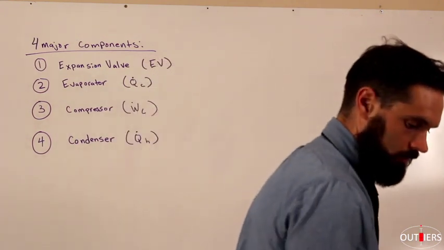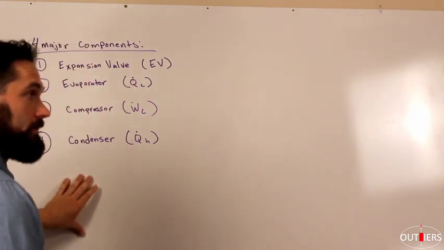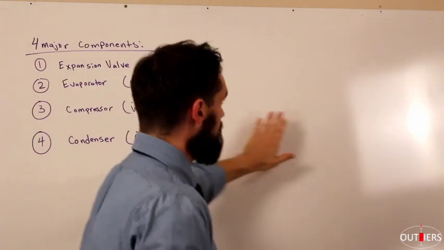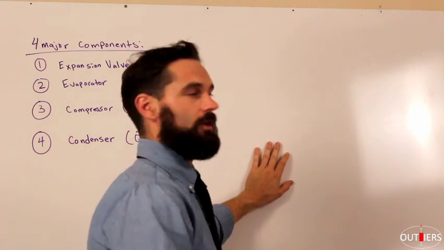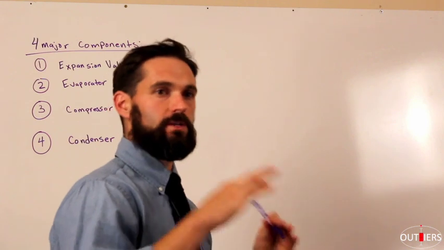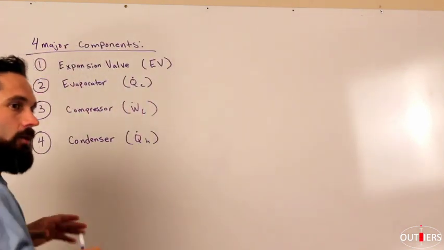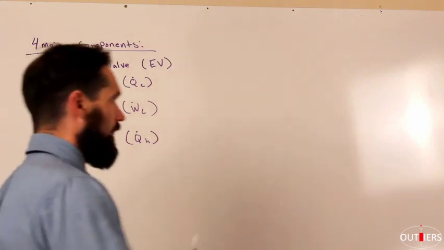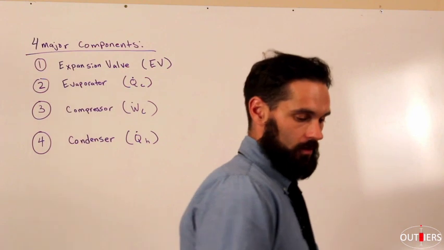Now, we've listed out the four major components, and we're going to assemble those components in something called a PFD for shorthand, or process flow diagram. It's really just going to be a big picture schematic to help us understand how these four major components are linked together, and how we can visualize them working together to bring about what the cycle is ultimately supposed to achieve.